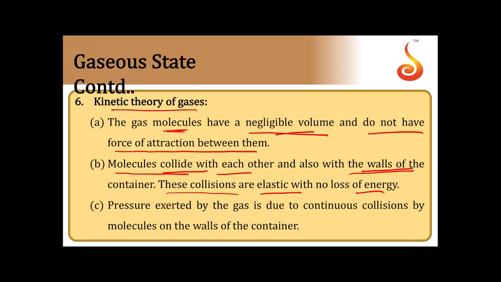Elastic collisions means during the collisions, energy will not be lost. Total energy of the system always remains the same. There may be energy transfer from one molecule to another during collisions, but the total amount of energy always remains the same. Such types of collisions are said to be elastic collisions. So, gas molecular collisions are perfectly elastic in nature.